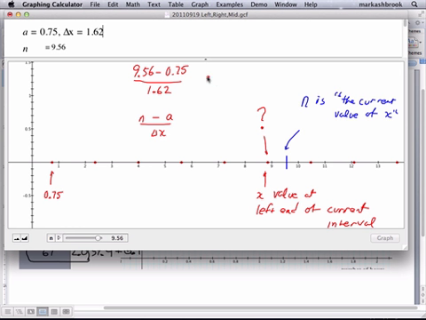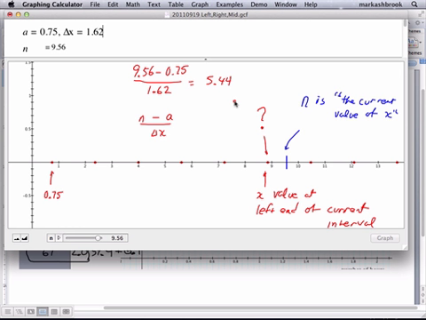What number do you get for that? 4.38. Got it. So we'll just say 4.4. So this is the number of intervals starting here all the way to our current value.